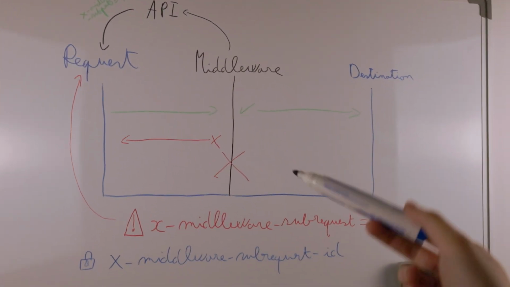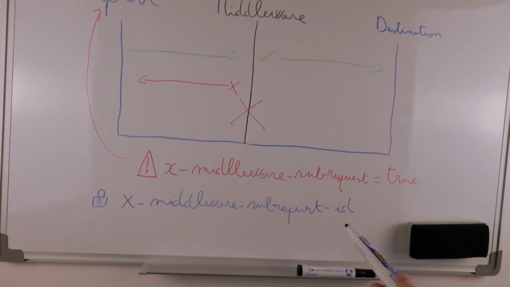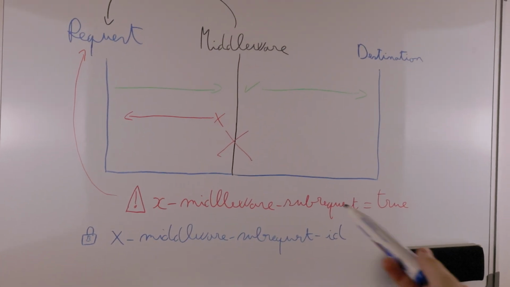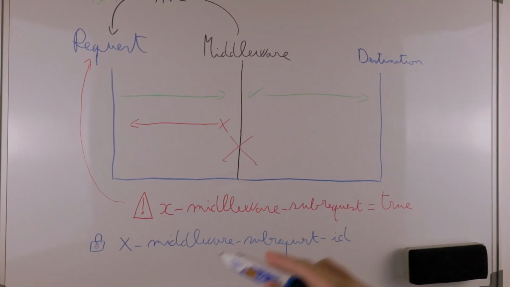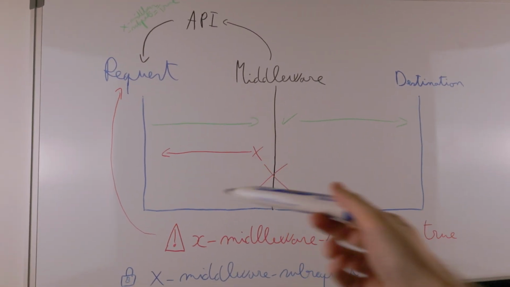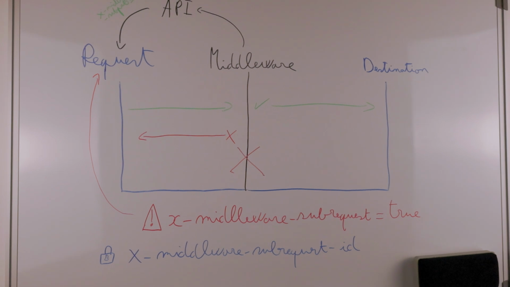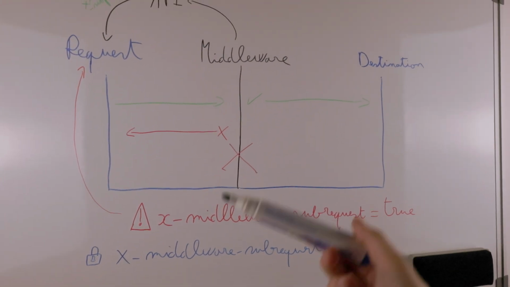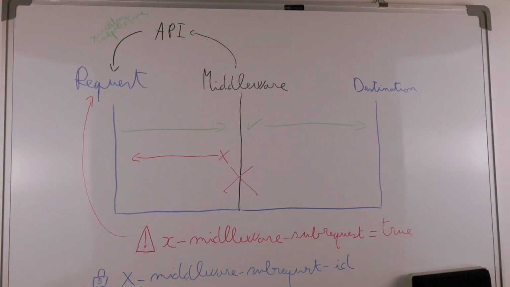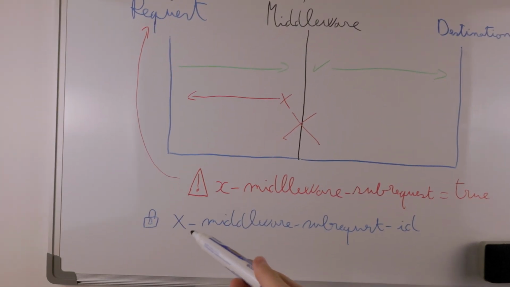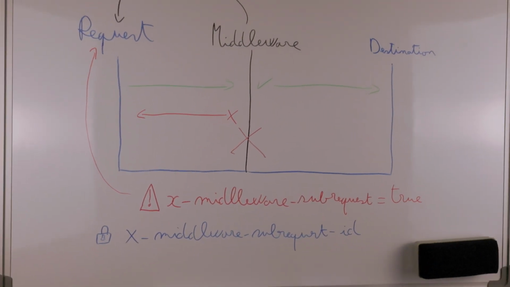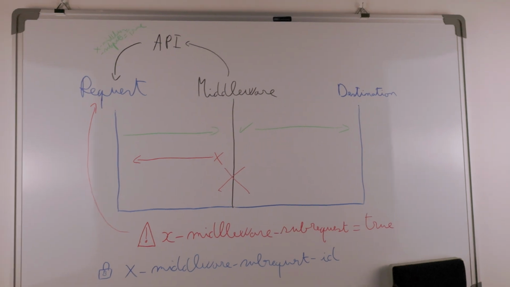So attackers can't guess this ID. Guessing the header and putting it to true is very easy, but right now with this ID, you can't bypass this middleware anymore. Nobody can guess this. With the new update, if you update Next.js, this doesn't work anymore alone without this alongside it, okay? And this is how they fixed it.